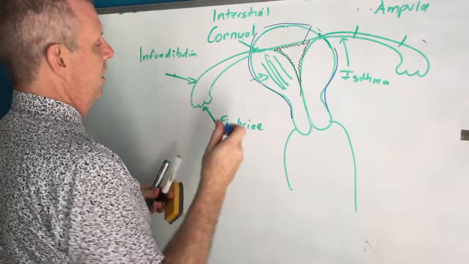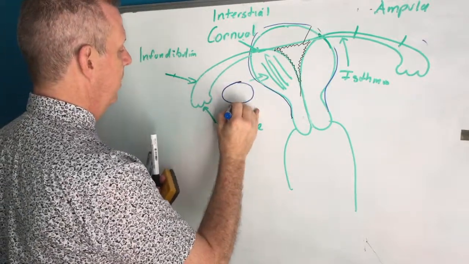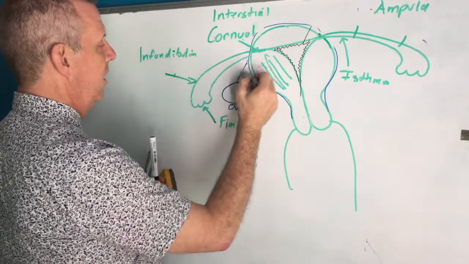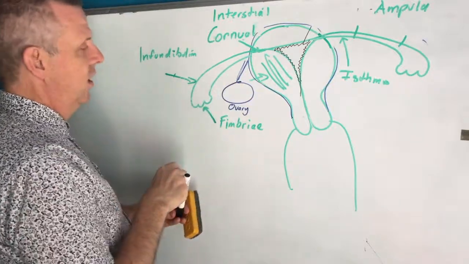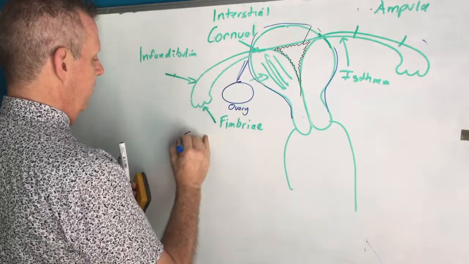Now, in this location here is the ovary, and there's just like a thickening of peritoneum there, and that's called the ovarian suspensory ligament. I'll just write that down here for you.